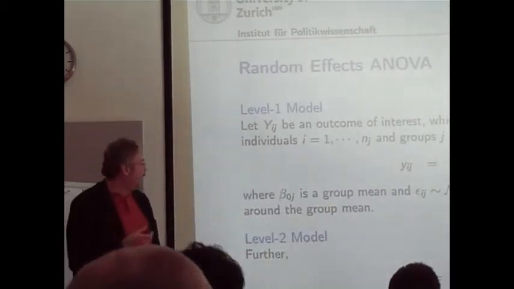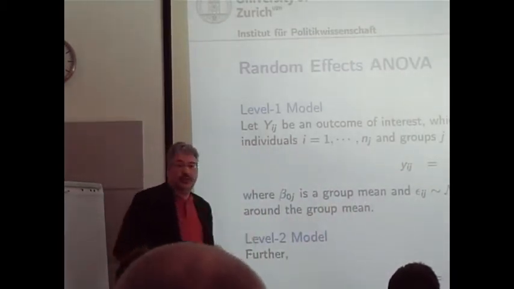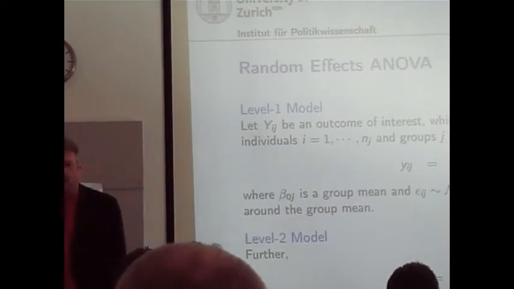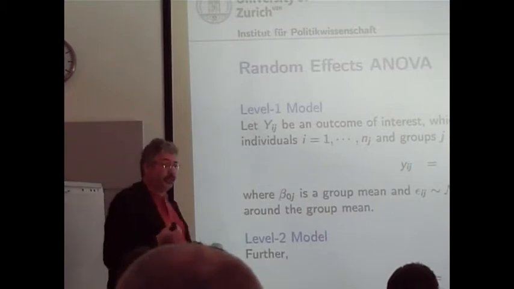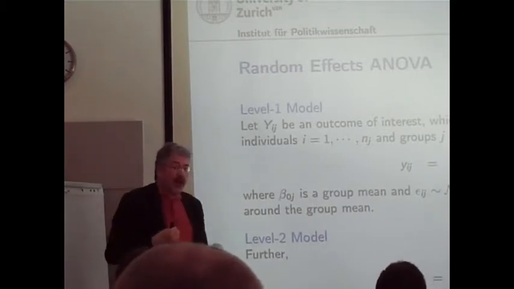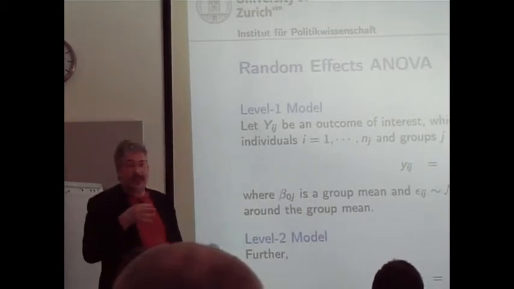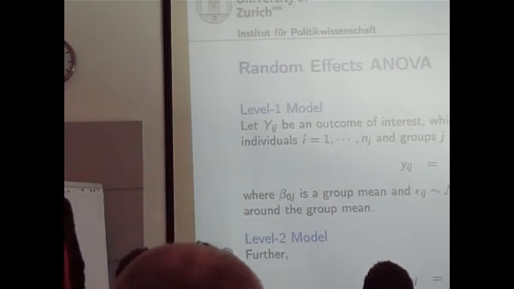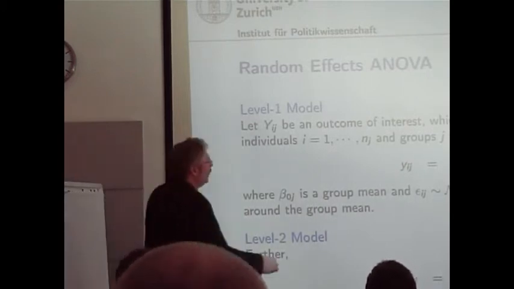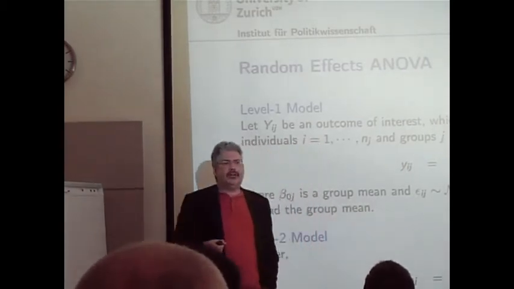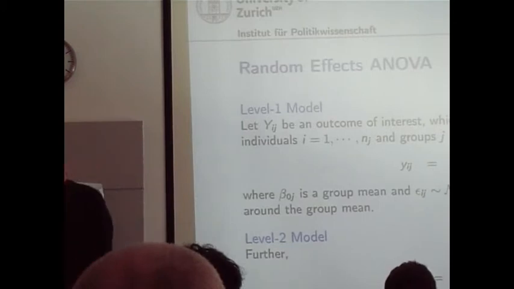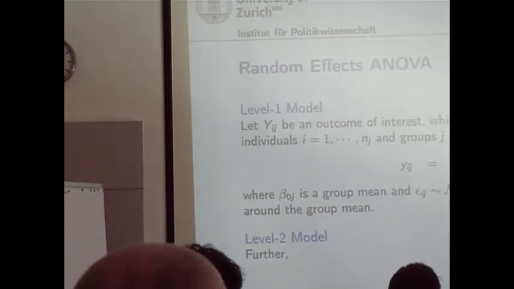It's effectively a group mean. So in each group we have a group mean. That's how we would estimate it: basically the sum of the y's divided by the sample size in a particular group. And then we have individual variation around that group mean that's captured by this epsilon ij. Does that make sense?